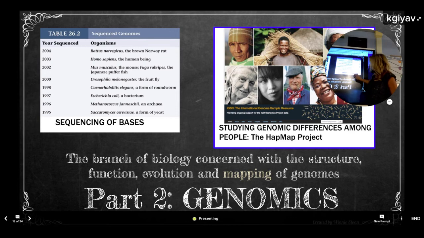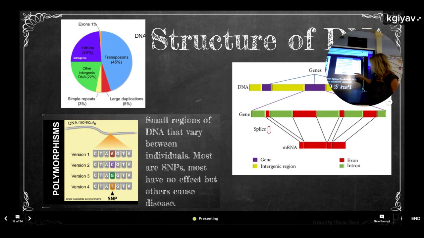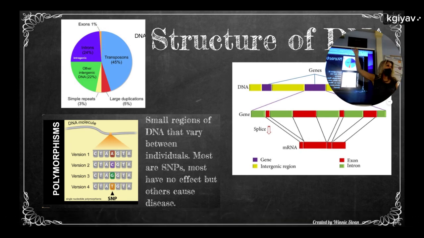And then when we look at the structure of DNA, the repetitiveness of some of them, or these transposons, and we look to see what we actually express, our exons, there are so few of them.